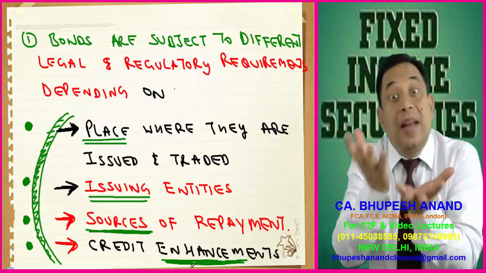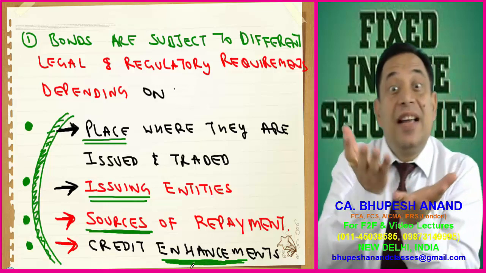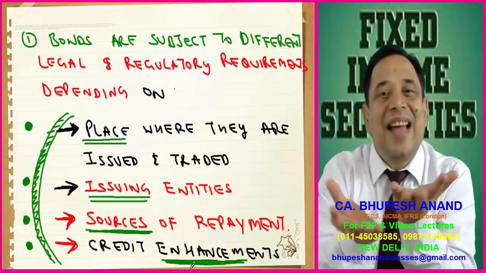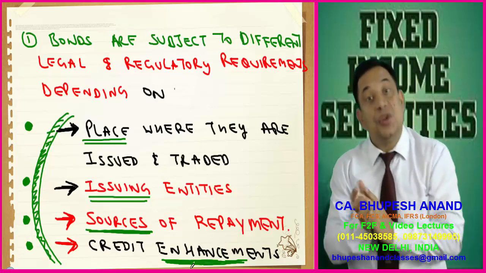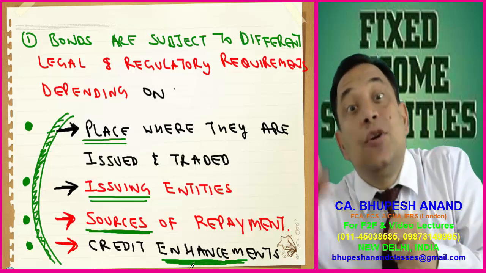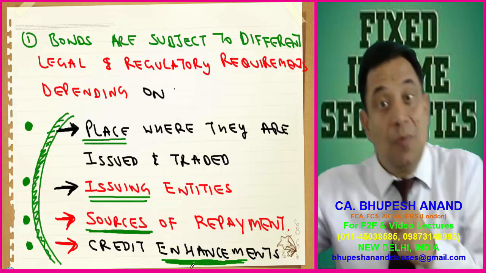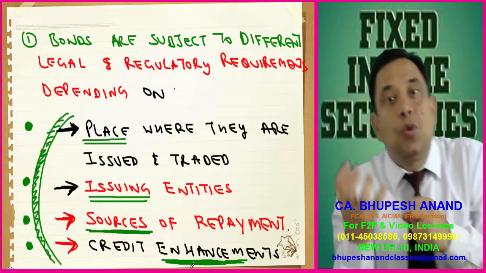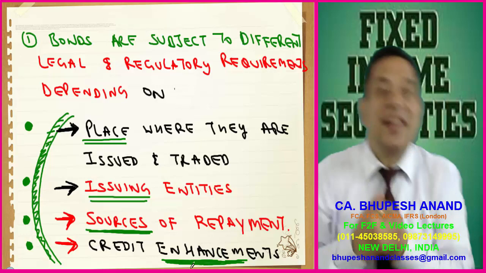What is the place in which you are issuing, and where it can be traded. It means the first scenario is the place where they are issued and traded. The second scenario is who is the issuing entity, whether it is a sovereign bond, a government bond, which entity is issuing it. And the third scenario is what are the sources of repayment.